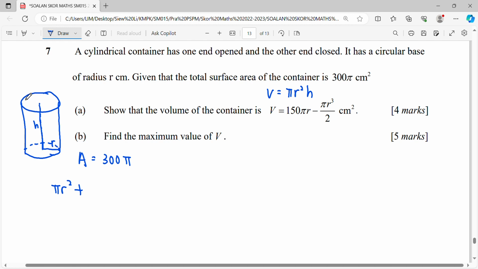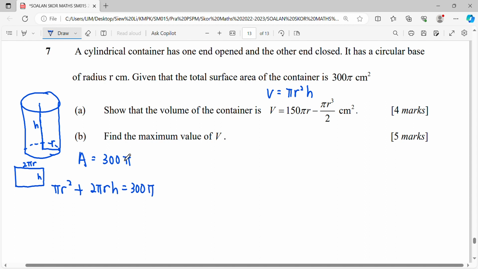As you notice, this length is the perimeter of the circle, so it will be 2 pi r. When you open this cylinder, actually it is a rectangle. So this is your 2 pi r, and then the height of the cylinder is h. So for this surface area, it will be pi r square plus 2 pi r h equals to 300 pi.